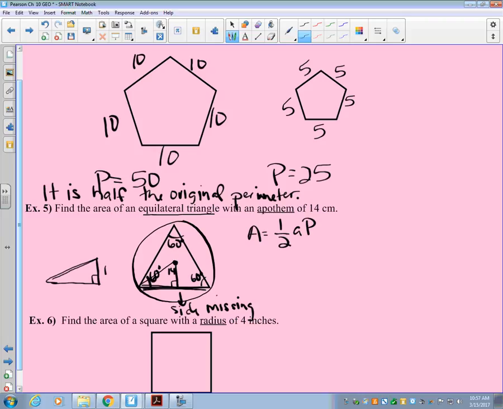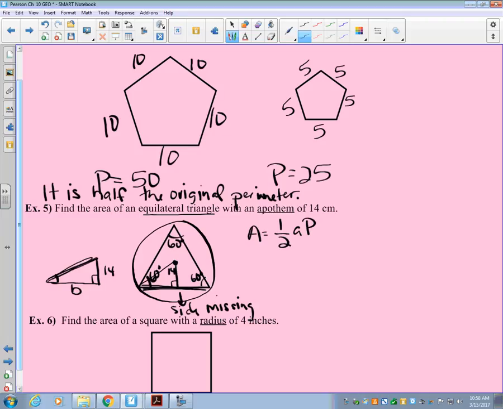So if this is 14, this is 1/2 of our side, so I'm going to call this B. And then this is the hypotenuse here. The distance from here to here is the radius of our circle, but we don't need that for this problem.